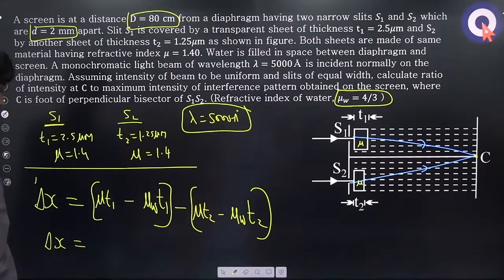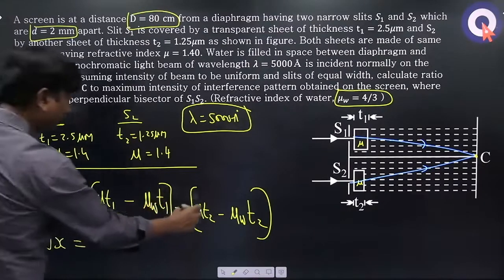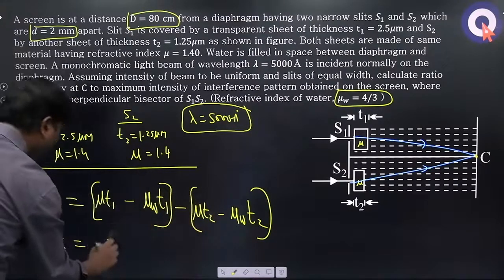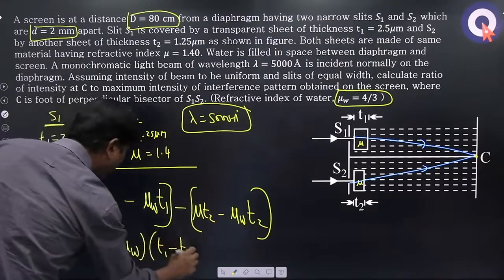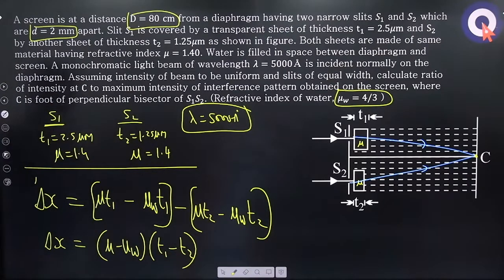So you take T1 minus T2 common: (mu minus mu_w) into (T1 minus T2). This will be the net path difference, right or not?